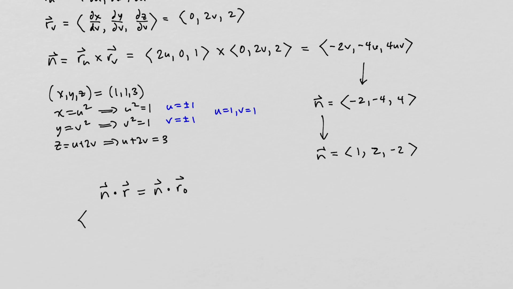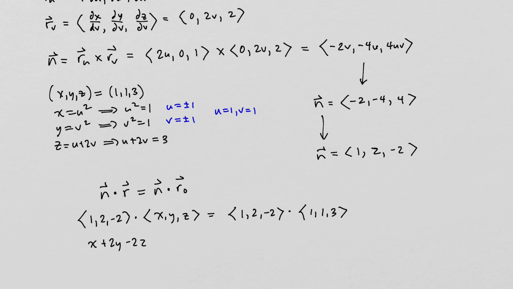So what we have is the vector (1, 2, -2) dot product with (x, y, z) must be equal to (1, 2, -2) dot product with the point on the plane, which is (1, 1, 3). So this is x plus 2y minus 2z must be equal to 1 plus 2 minus 6. Or x plus 2y minus 2z must be equal to -3.